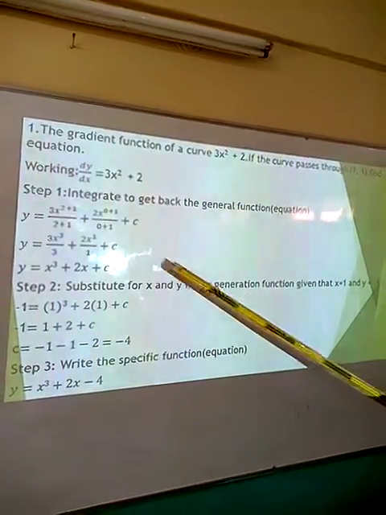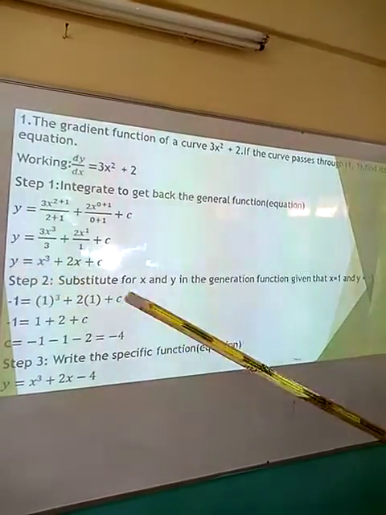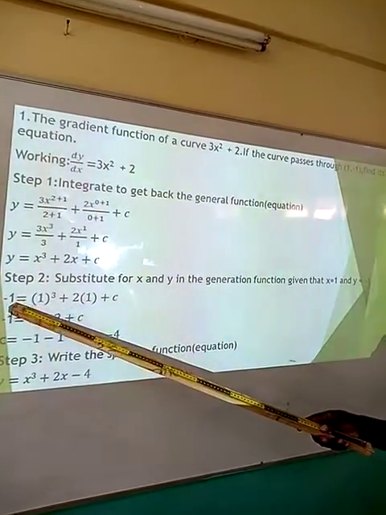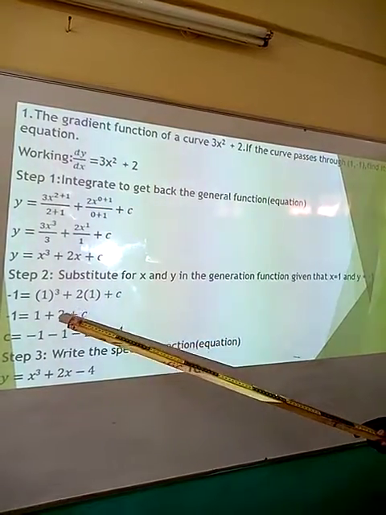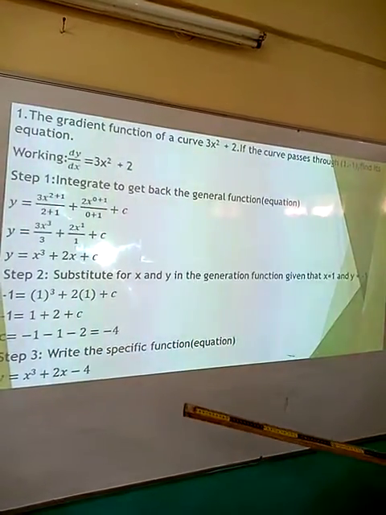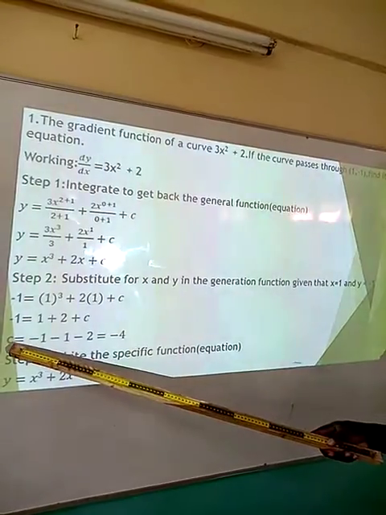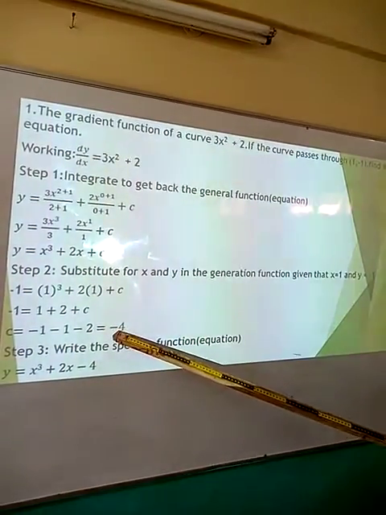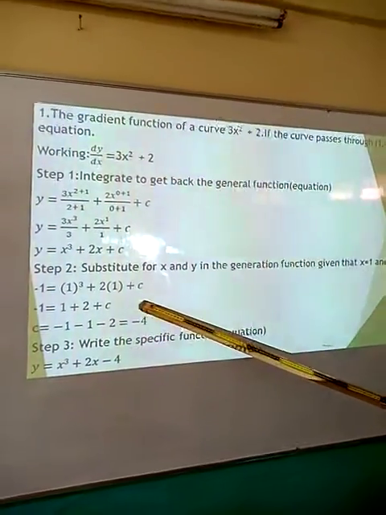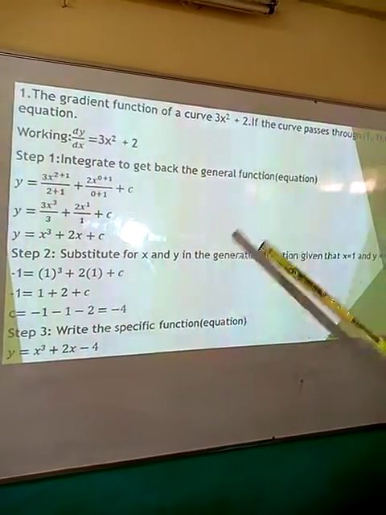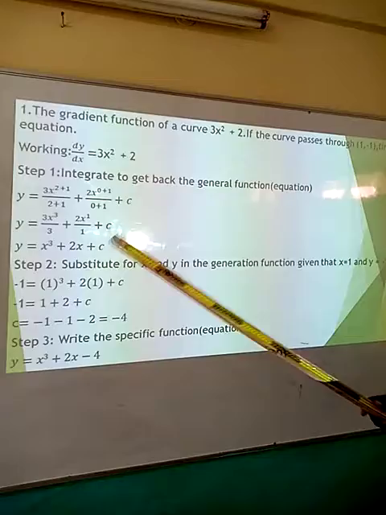So when we substitute this in our general function, the substitution is in the first step there. The second step we are trying to simplify. Then you will get c to be equal to -4. It therefore means that the specific function has a value of constant c as -4.